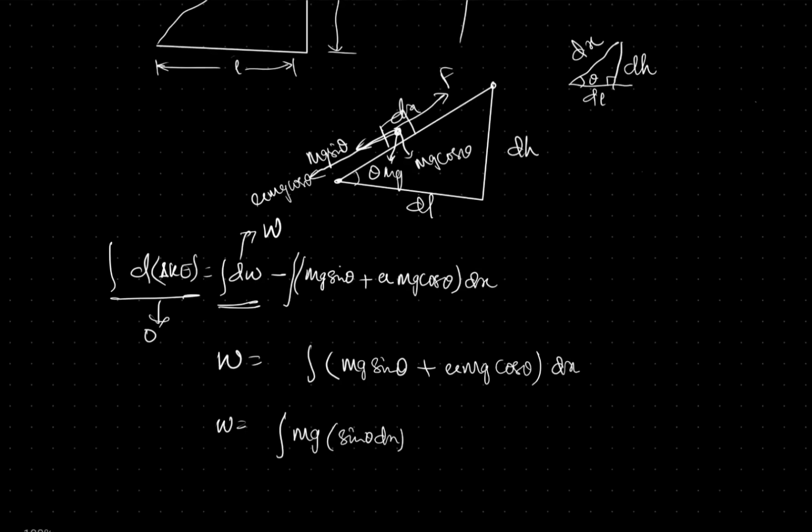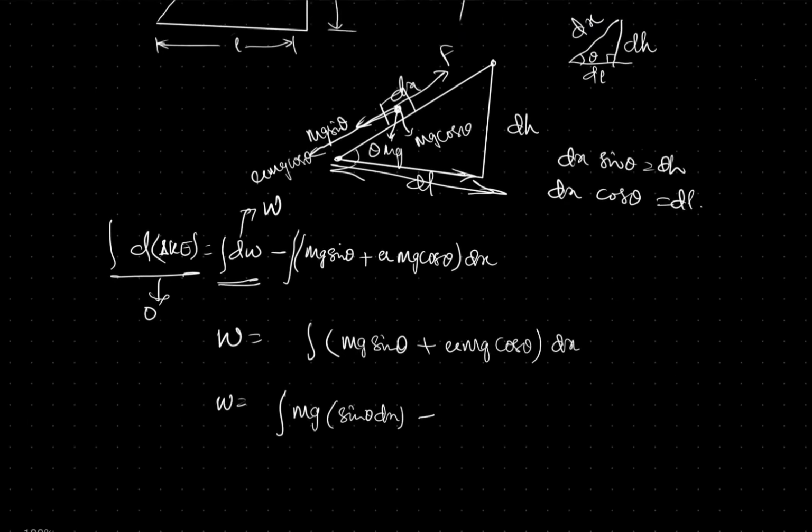From this figure, dx sin theta is equal to dh and dx cos theta is equal to dl. So mg into dx sin theta is nothing but dh, plus mu mg dx cos theta, which is dl.